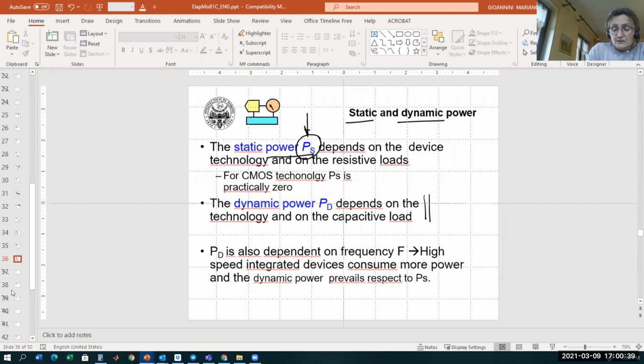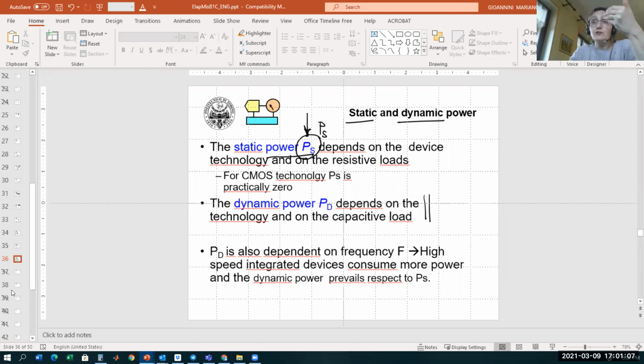Is this static power negligible in an actual digital module? No, it's not. You will calculate it in the exercise section of Thursday. It's not because in a module you have thousands of transistors that are off.